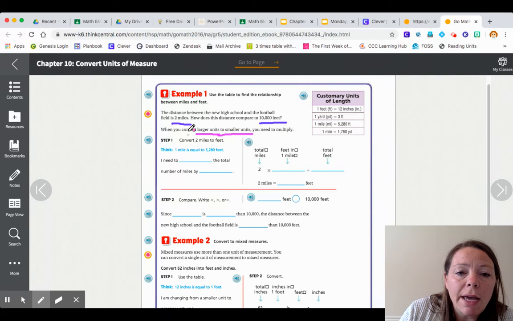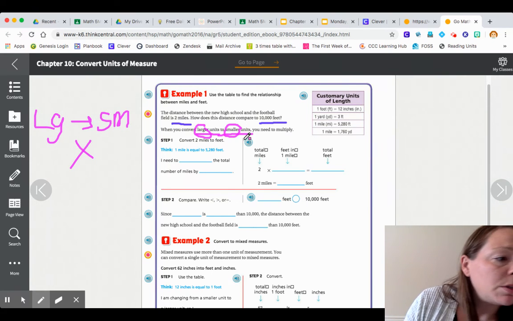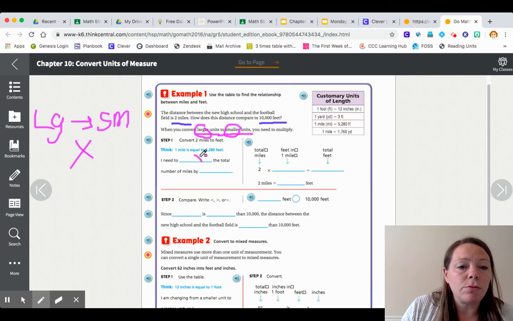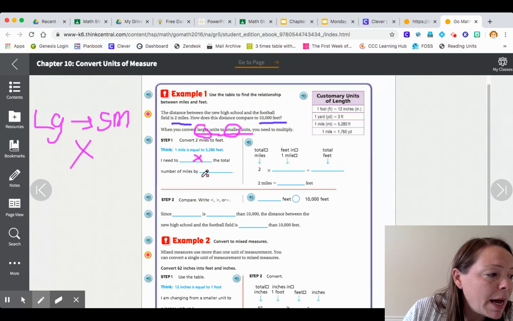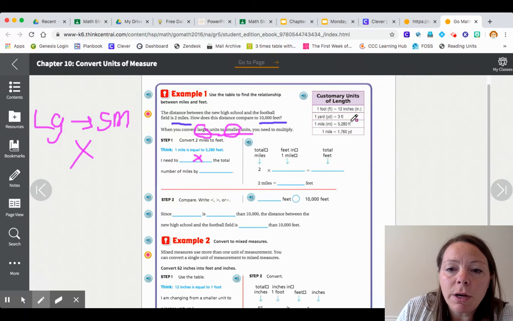We're going from miles to feet, so we're going from larger to smaller. Larger to smaller, we multiply. So I need to multiply the total number of miles by, and this is where I need to go ahead and look in my chart, how many feet are in a mile?